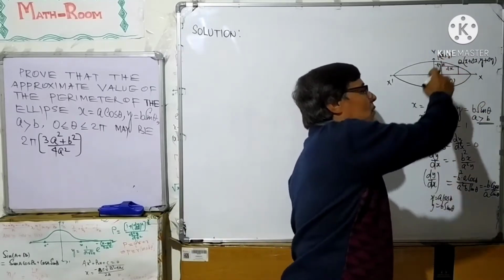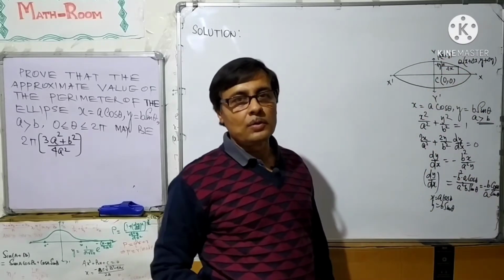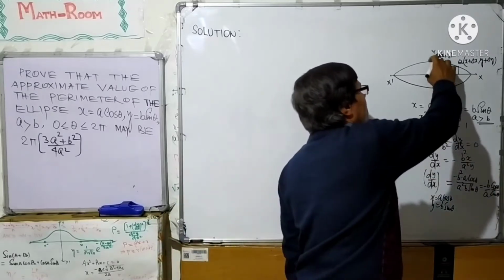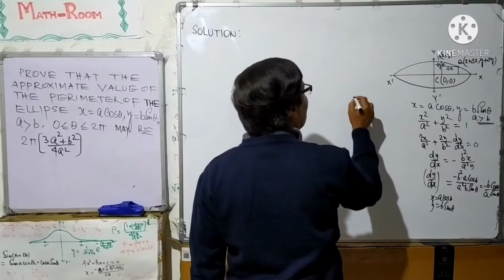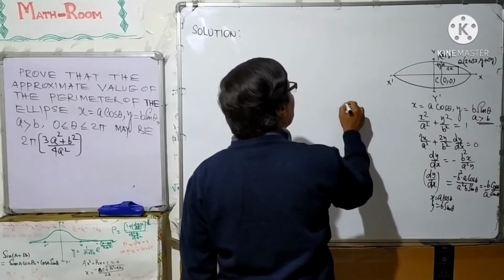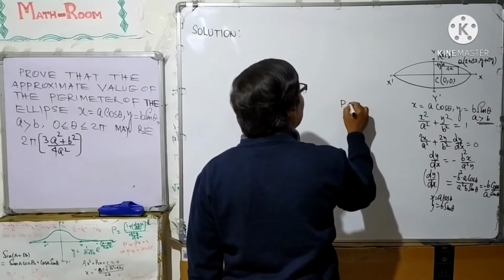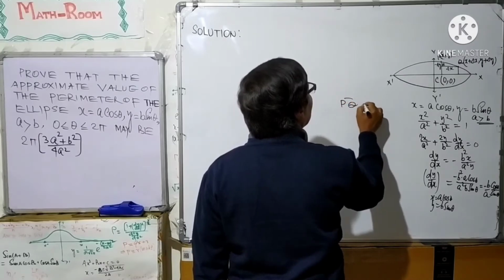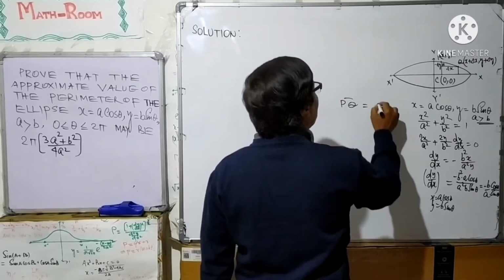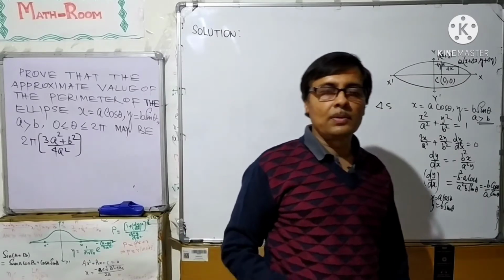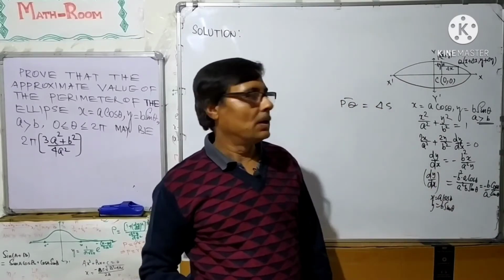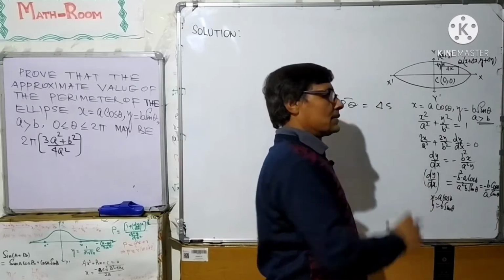Also P and Q are too close to each other, and the arc distance between P and Q, that is PQ, is taken as delta S.